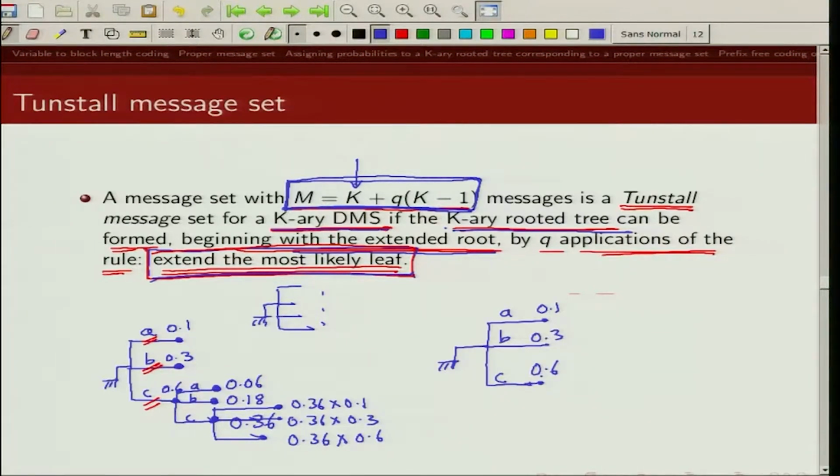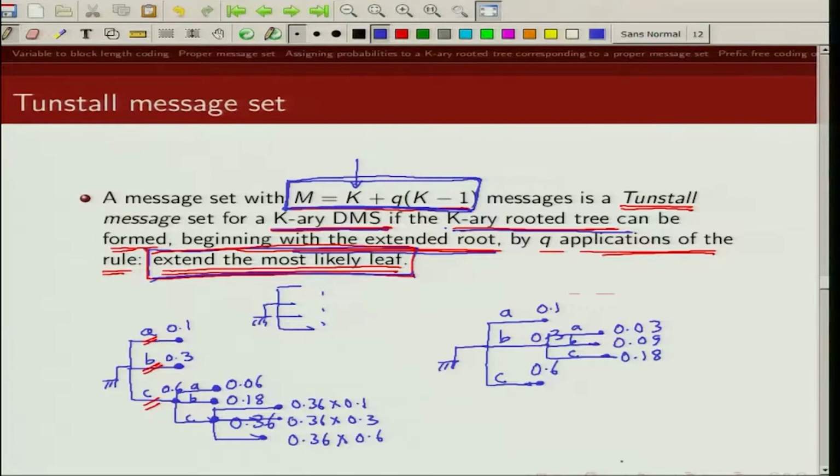Now according to the Tunstall message set rule, I should be extending this particular node. But if I don't extend this node, let's say I extend this particular node, then this node, this is A, B, C, has probabilities 0.3 into 0.1, that's 0.03, 0.3 into 0.3, 0.09, and 0.3 into 0.6, that's basically this.